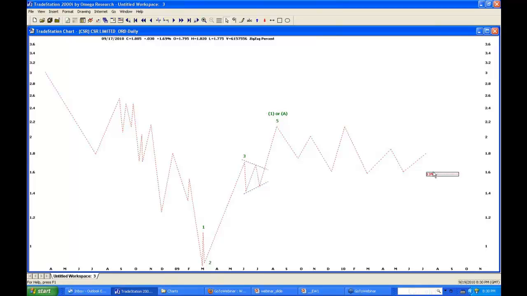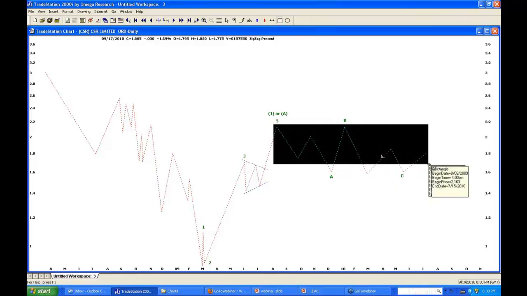But look what is happening from that point of view. We've got this sideways choppy price action. We've got strong impulsive movement up here and choppy price action down here. So it may well be that we've got a wave A, wave B, we might have a wave C in place here, I don't know.